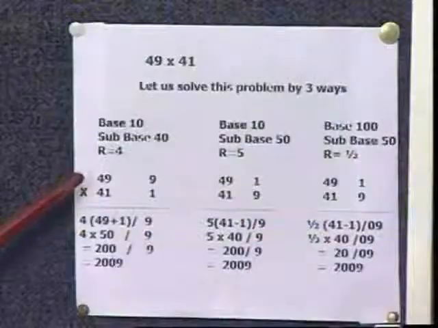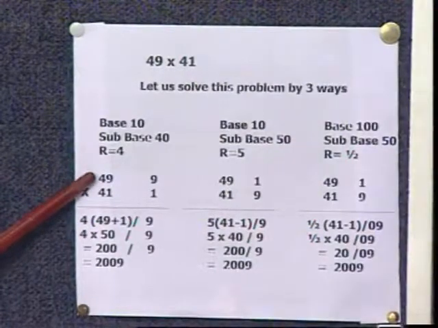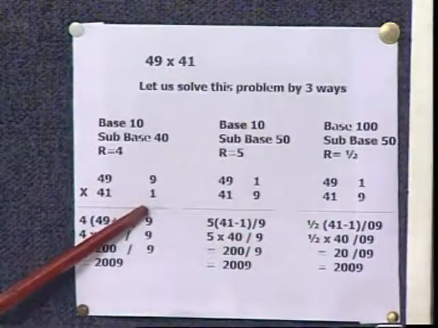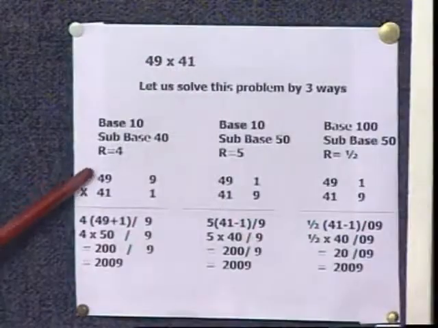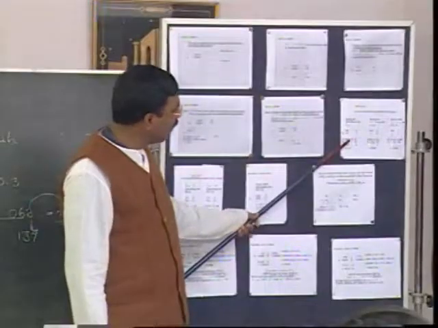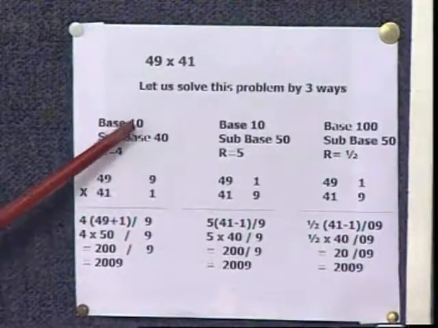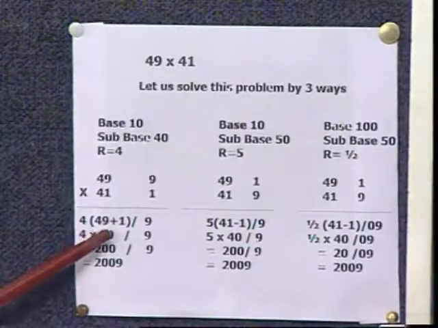Now I have to add one deviation to the big number. Here 49 is the big number in the given problem. 49, another deviation is 1. 49 plus 1 equals 50. But what is the ratio? 4. You have to multiply 50 into 4, because sub base selected is 40, base is 10, ratio is 4. Hence you have to multiply by the ratio 4 for the left part of your answer.